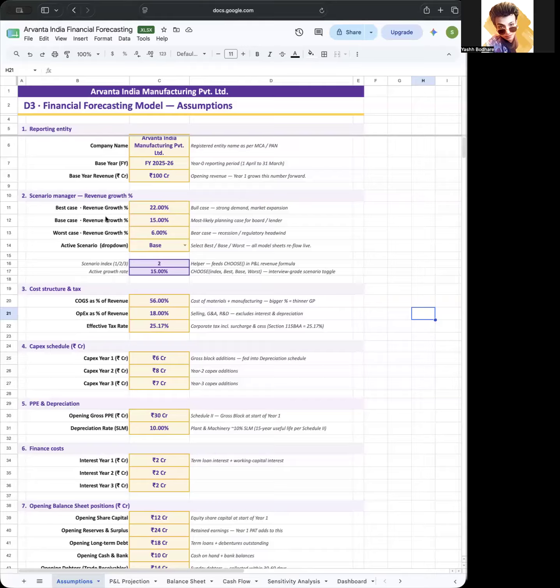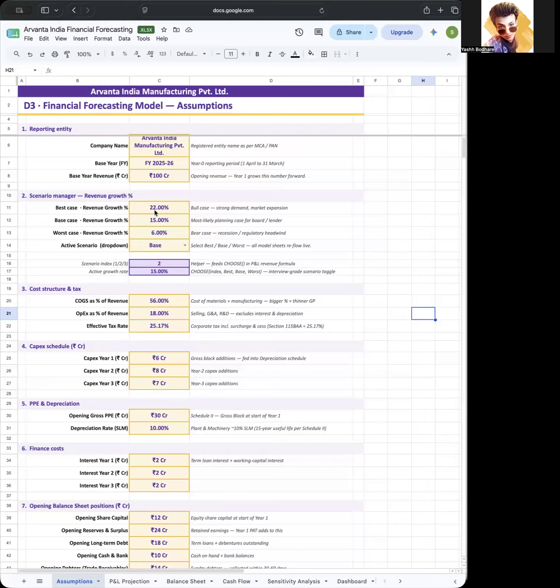As you can see, the best case revenue growth is 22%. This is the optimistic or upside scenario. It assumes that Arvanta India experiences conditions such as strong customer demand, successful entry into new markets, new customer acquisition, higher production capacity utilization, stronger order book growth, successful product launches, and favorable industry conditions.